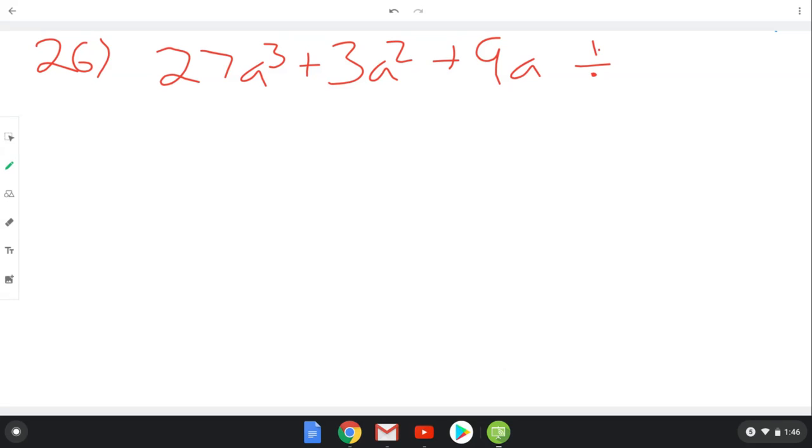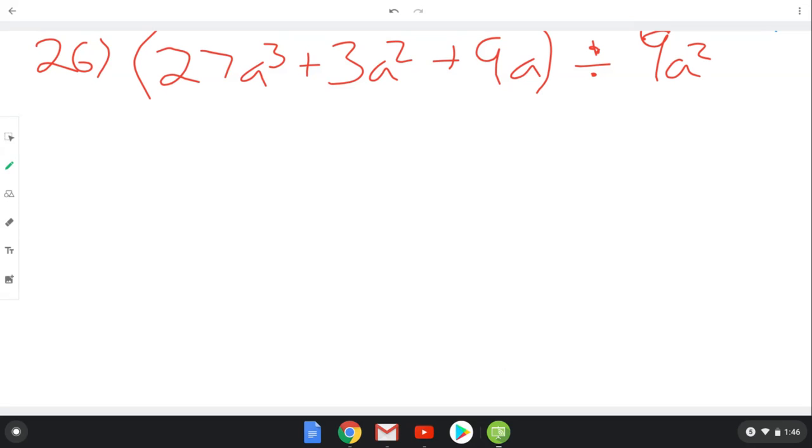So that's 27a cubed plus 3a squared plus 9a divided by 9a squared. Sorry, that got a little cut off, but that's a 9. This is a 9. Okay.